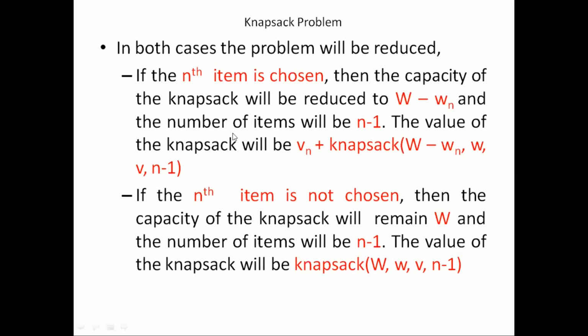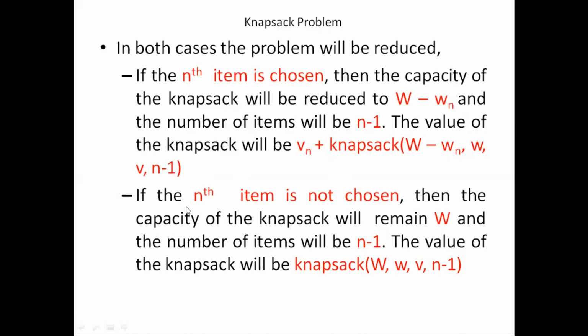The value of the Knapsack will be V of n, that is the value of the nth item, plus Knapsack of W minus Wn, new capacity, comma, weights, comma, values, comma, n minus 1, number of items is reduced by 1. This is what will happen if I choose that item.